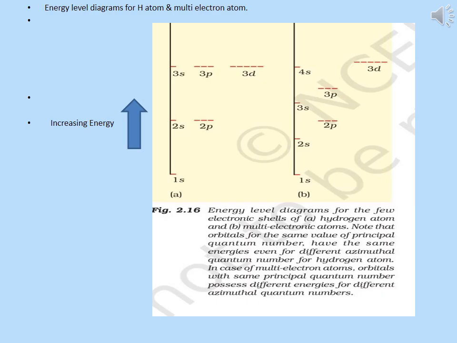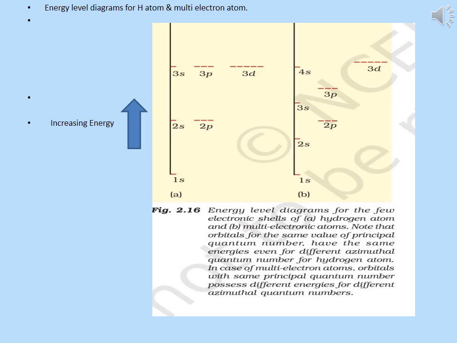Yet another interesting feature of this diagram is, look at the 2s and 2p energies of the hydrogen atom. Though they have different azimuthal quantum number values, for s, L equals 0, and for p, L is equal to 1, yet look at the energy level diagram.